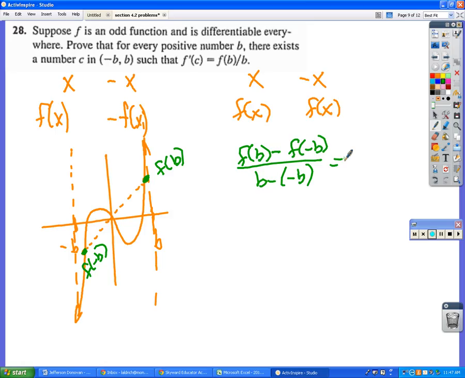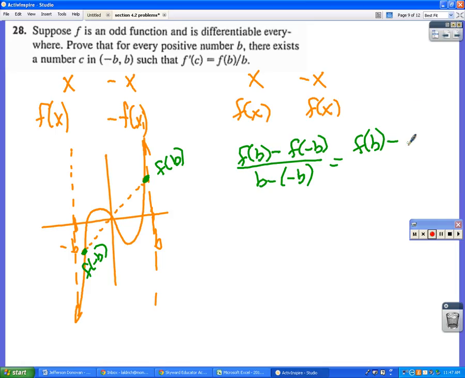Okay, according to the little discussion that we had at the very beginning, what would f of negative b equal? It would be negative f of b, right? Because it's an odd function, this would turn into f of b minus negative f of b, right?